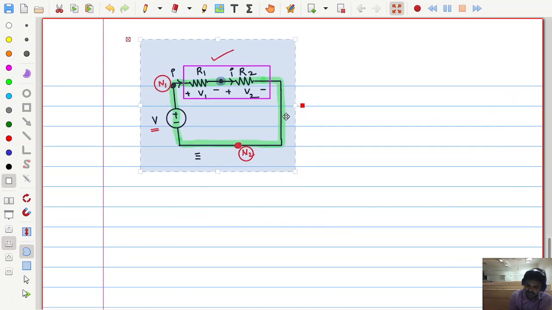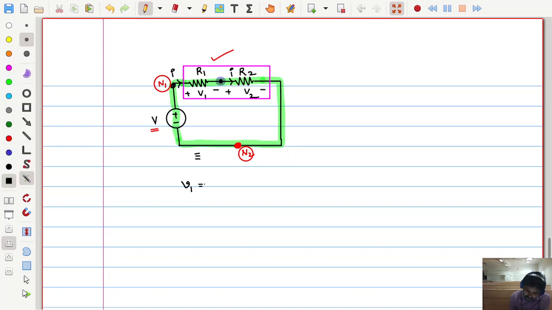Now, from the previous equations, the total voltage across this pink color box is V. That voltage is going to be split into V1 and V2. That is the voltage division rule. So how much is V1? We would like to find it.